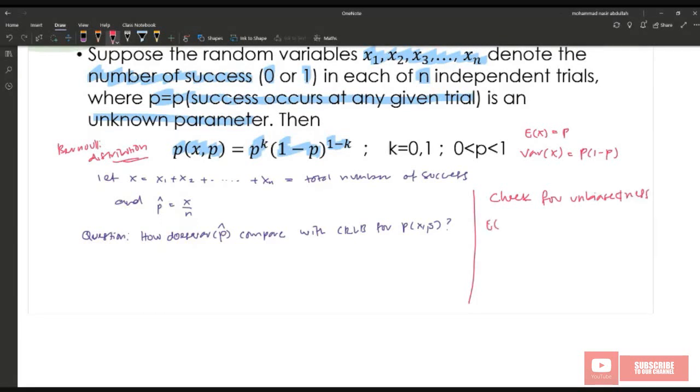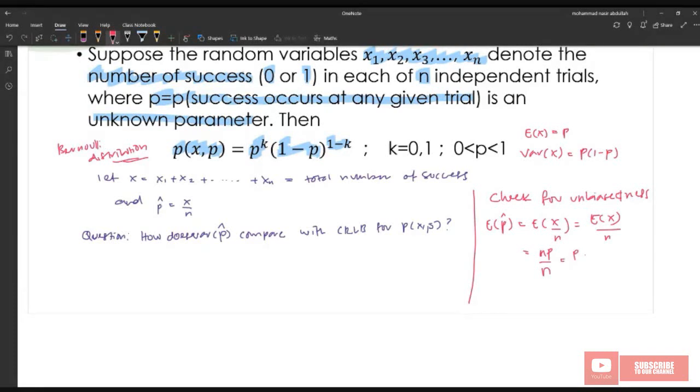right? So the expected value of p hat is equal to the expected value of X divided by n. So this is equal to np over n, which is equal to p, right?